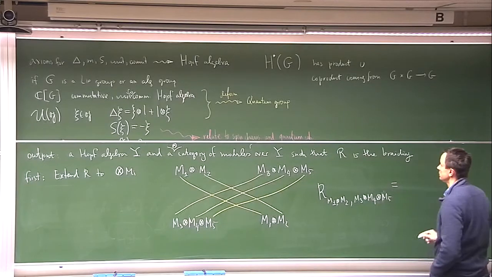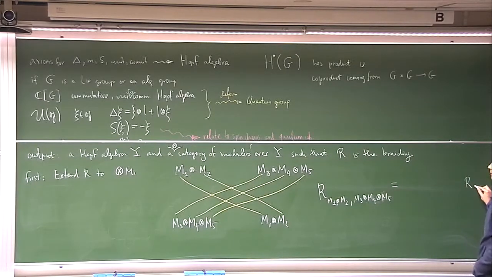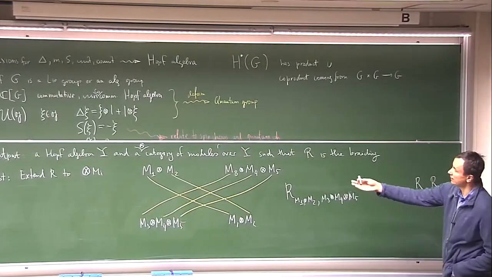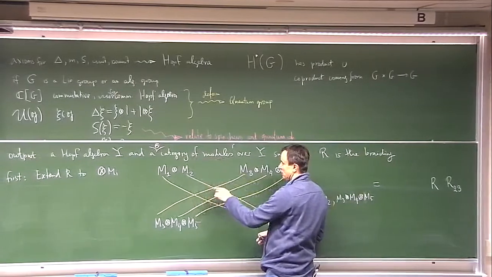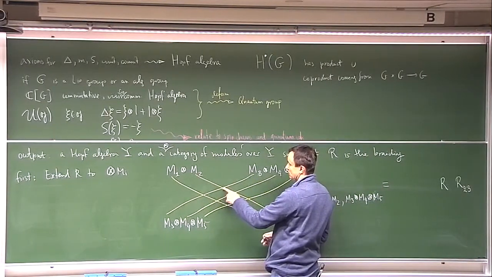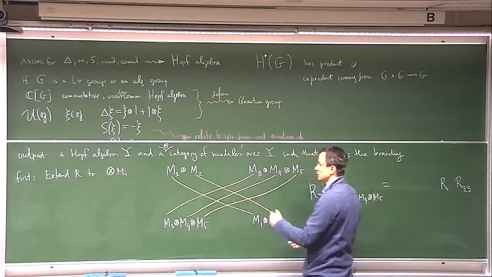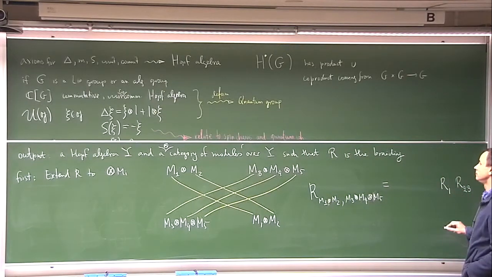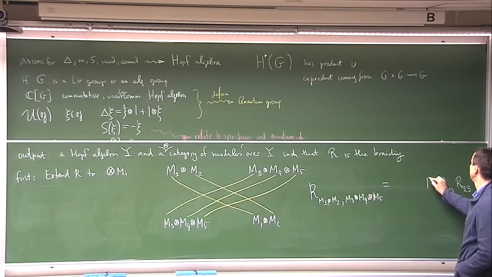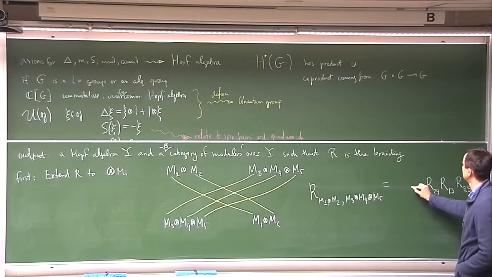So first I take the R matrix, then I just read it from top to bottom. First crossing is this one, then I can take either of these, it doesn't matter. Then I take, say, 1,3 and 2,4, and so forth.